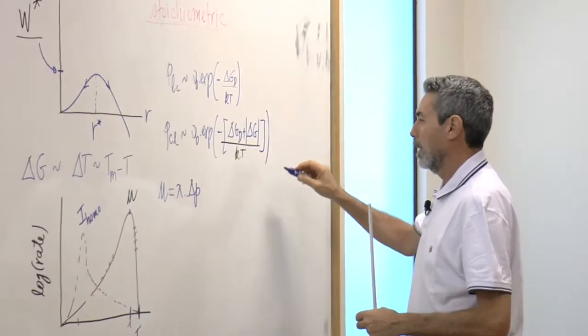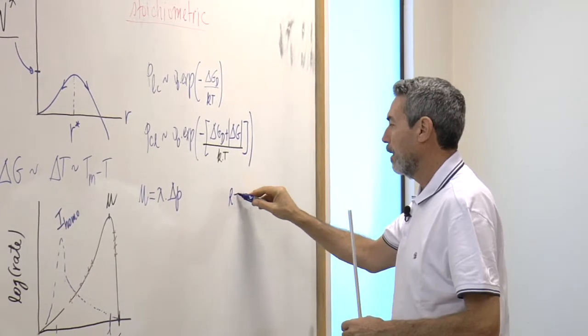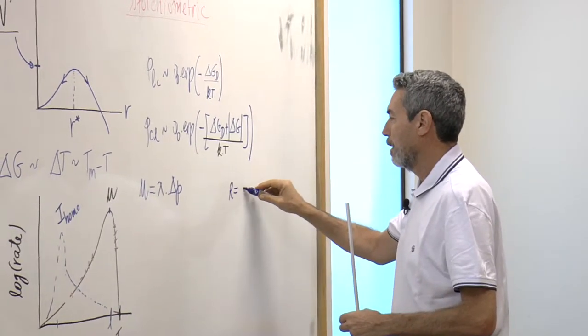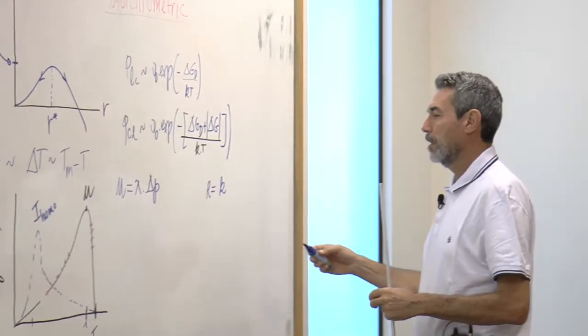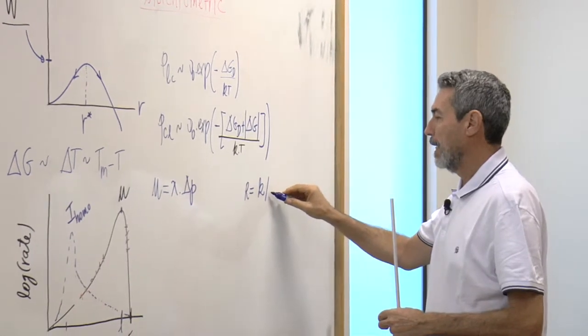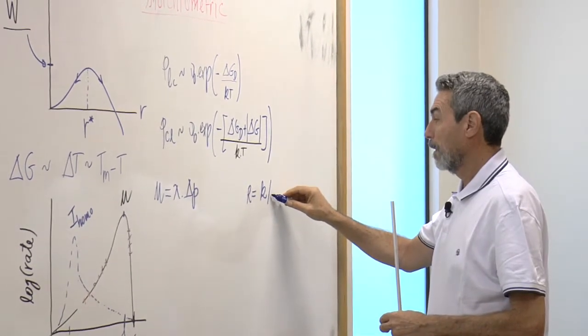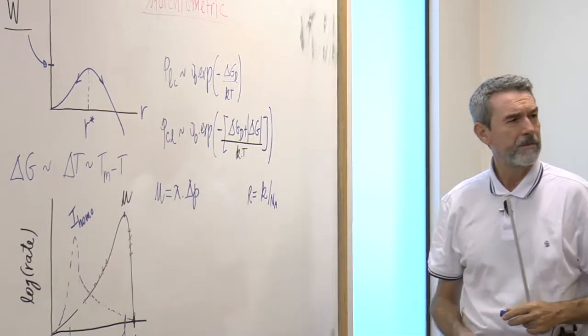So R is the Boltzmann constant, let me think a little bit, multiplied by the Avogadro number, right?